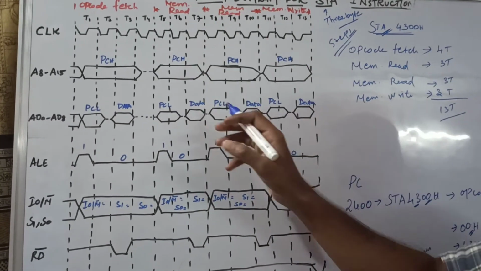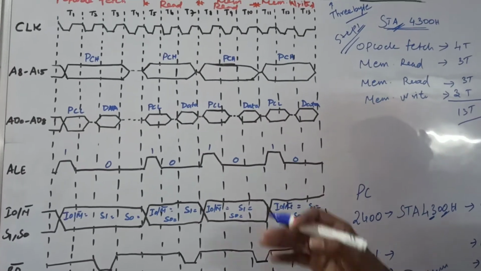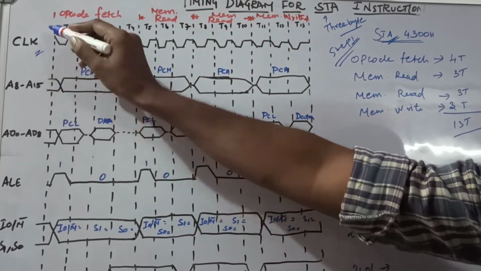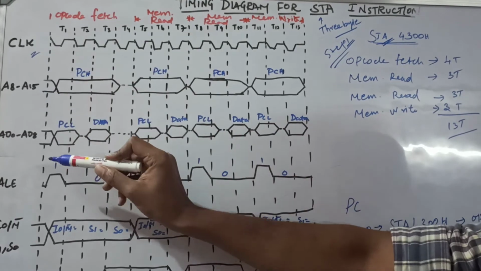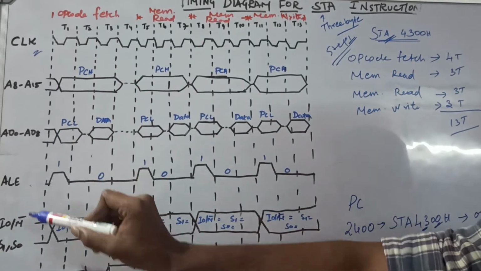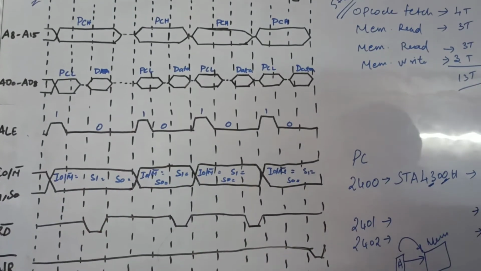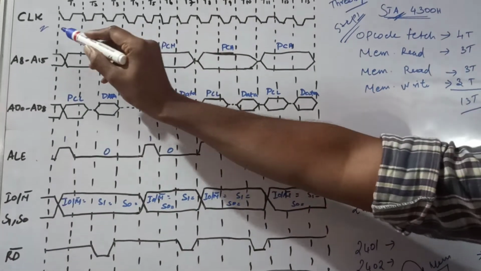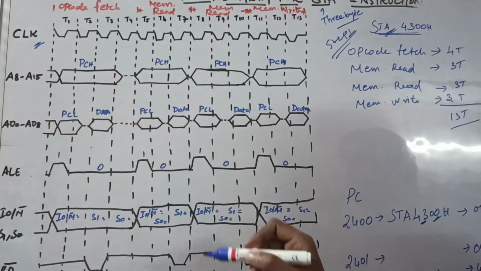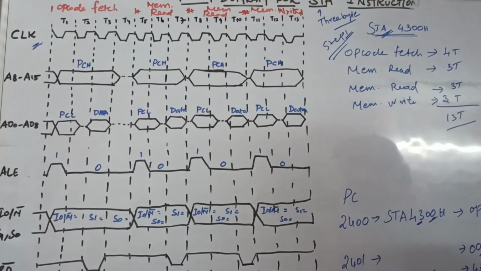This is the basic structure of a timing diagram. These are the signals: clock, A8 to A15, AD0 to AD7, ALE, IO/M bar, S1, S0, read bar and write bar. The beginning signal is the clock, to activate the blocks. Here you use the falling edge. At every falling edge, the functions in the timing diagram may vary.